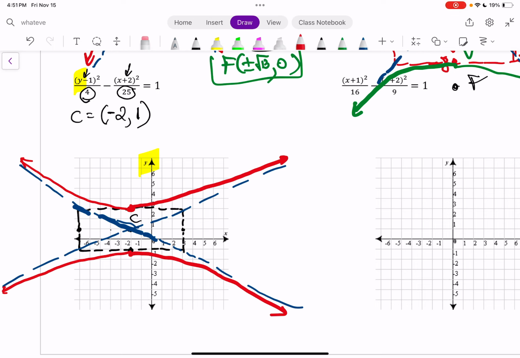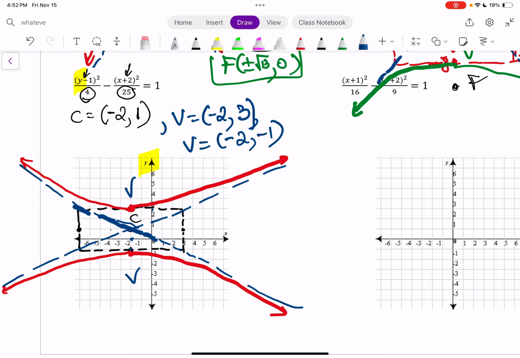Okay, so the center, the vertices are easy to read. I can read one, and again, because we've shifted it off the origin, just use your pretty graph to see that the vertex is at -2 and then +3. And the other vertex is down also at -2, but down at -1. So again, to 1, we added 2 and we minus 2.